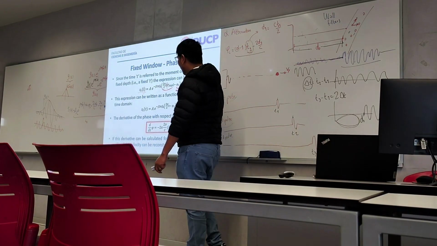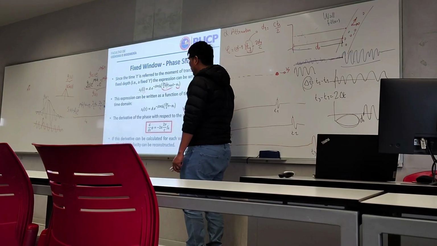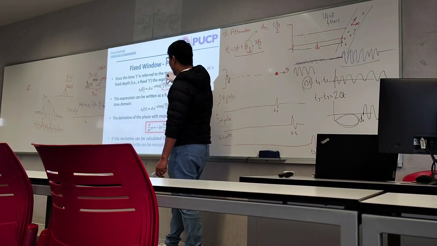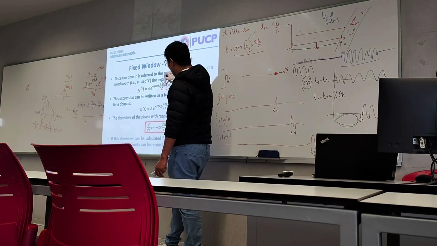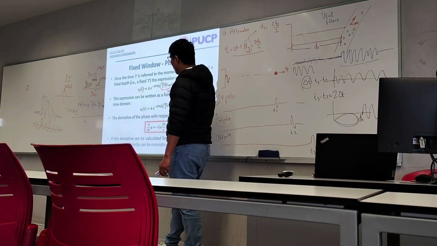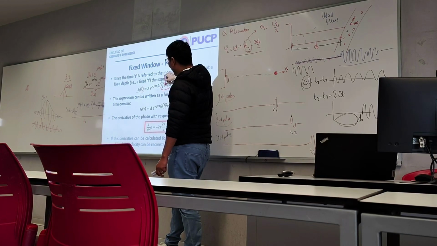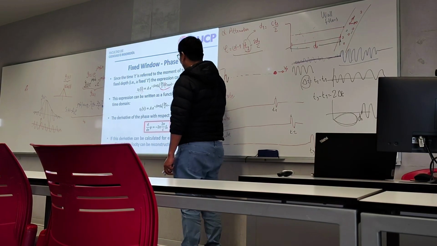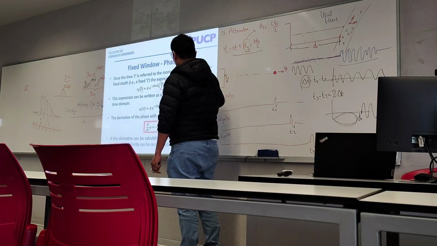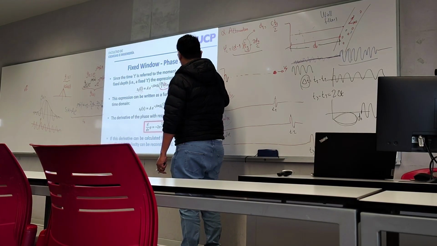Okay, and then one change of variable used to have a dependence in the slow time with a variable of time instead of a variable of like a number, 1, 2, 3, a sequence. So you just notice that we use the variable time equal to I TPRF.